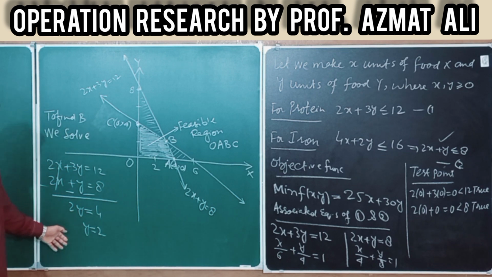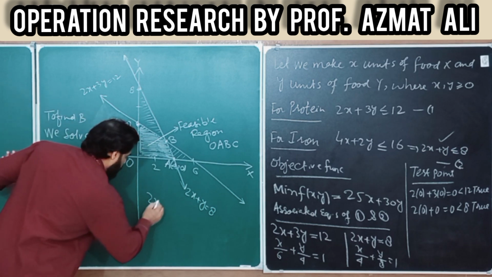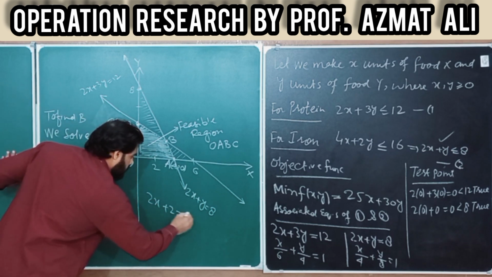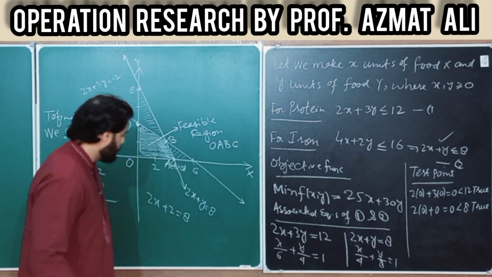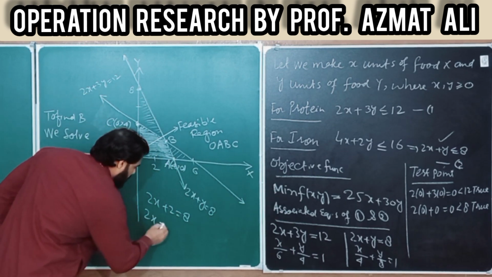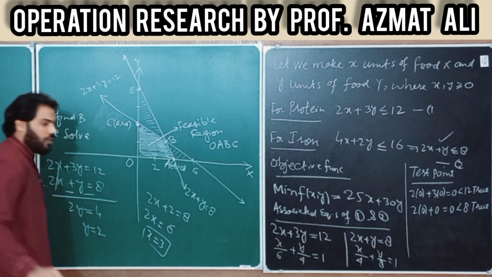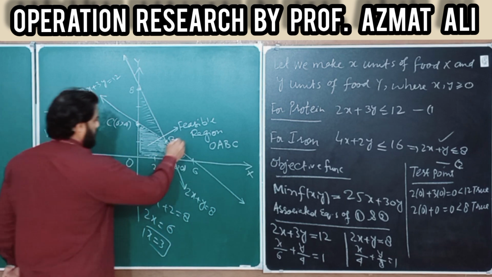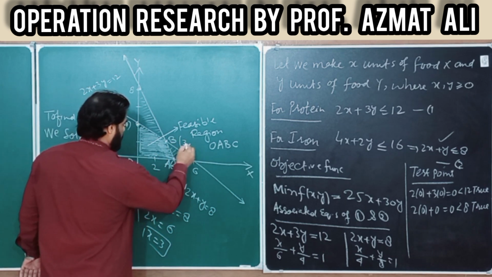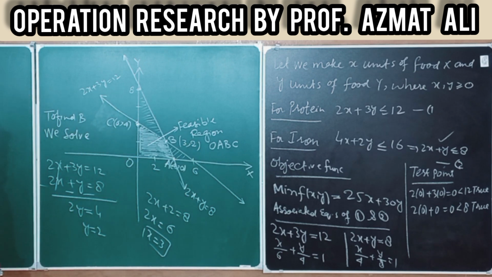By substituting y is equal to 2 in the second equation, 2x plus 2 is equal to 8, this becomes 2x is equal to 6, x is equal to 3. So the point of intersection B is x is equal to 3 and y is equal to 2.